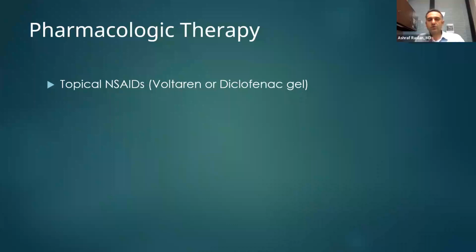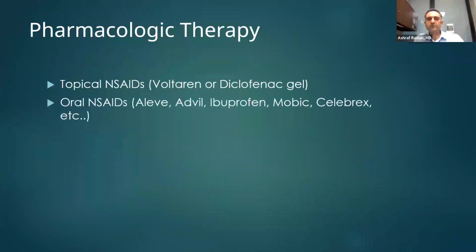You might know it as Voltaren gel or diclofenac gel, and this is usually applied 1 to 4 times a day. It is much safer than taking oral medications because the systemic absorption is about 10% or 15% of what we see with the oral treatment. So these are good options that we can always start with.